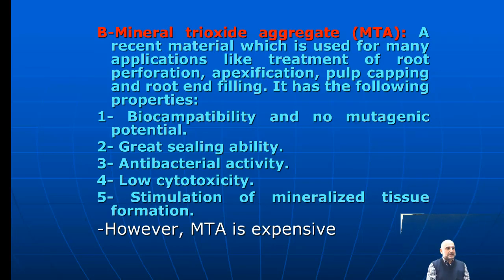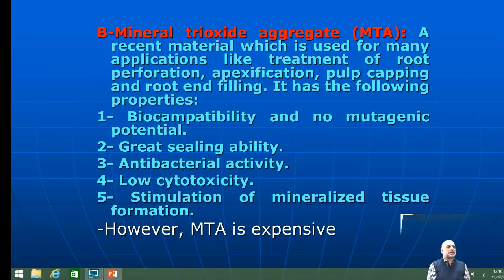It's alkaline, with an alkaline pH that promotes the killing of microorganisms. Low cytotoxicity, and stimulation of mineralized tissue formation. This stimulation may help in formation of the dentinal bridge.